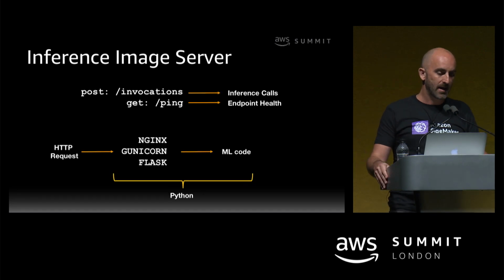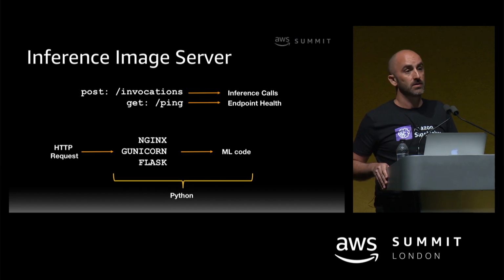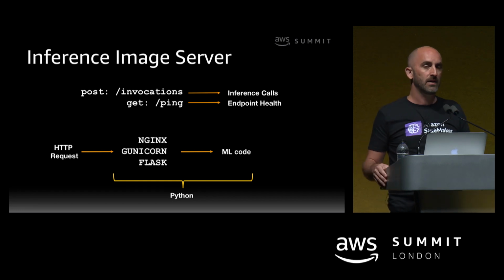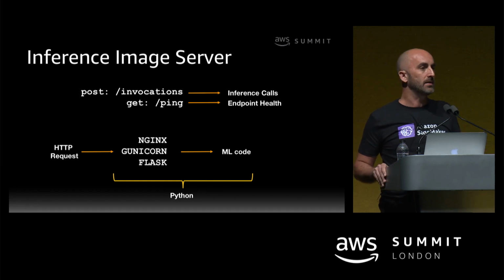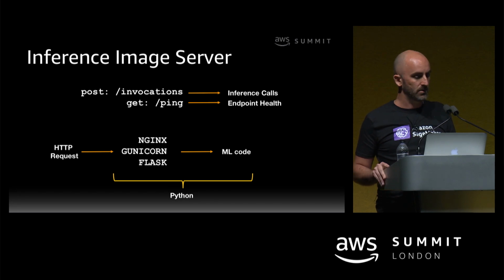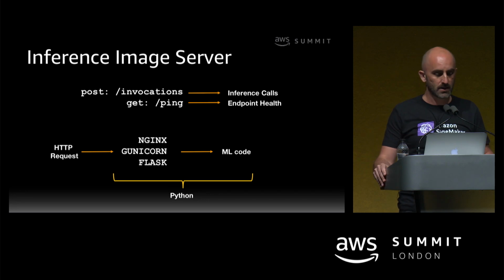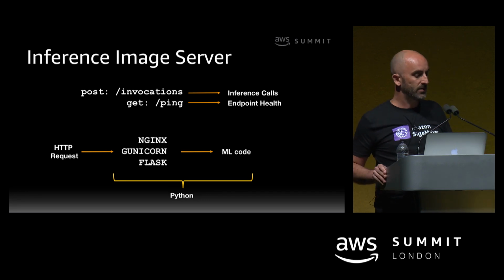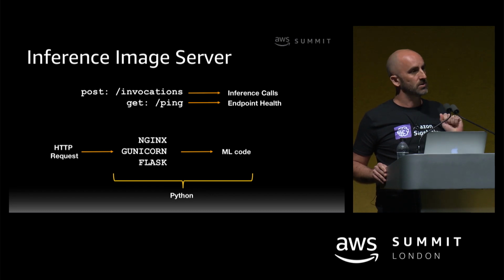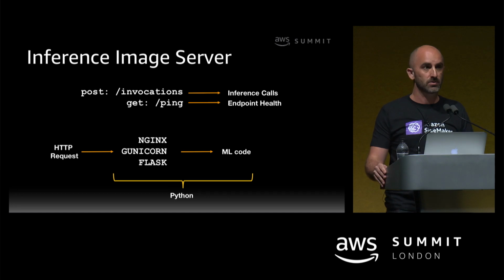Also, how the inference image is accessed from the endpoint is important to understand. You have to have essentially a REST-compliant web server running in your inference image. And there are two APIs that you need to implement in that web server. The first is a /invocations path. This is where the data that you want to do a prediction on gets posted to.